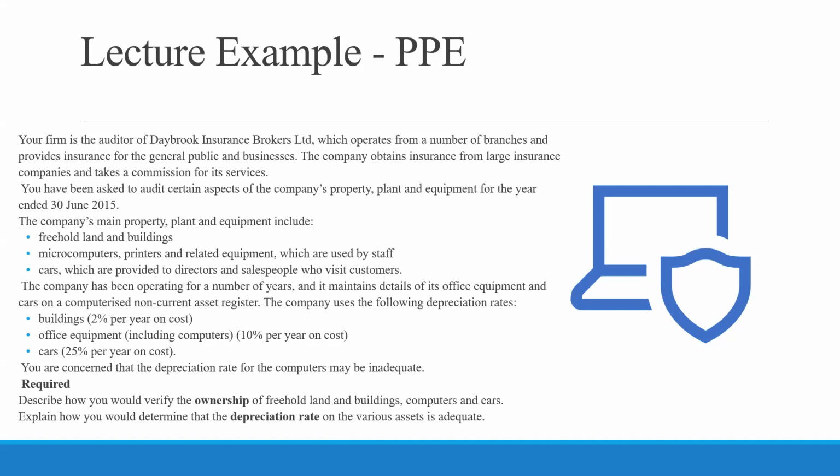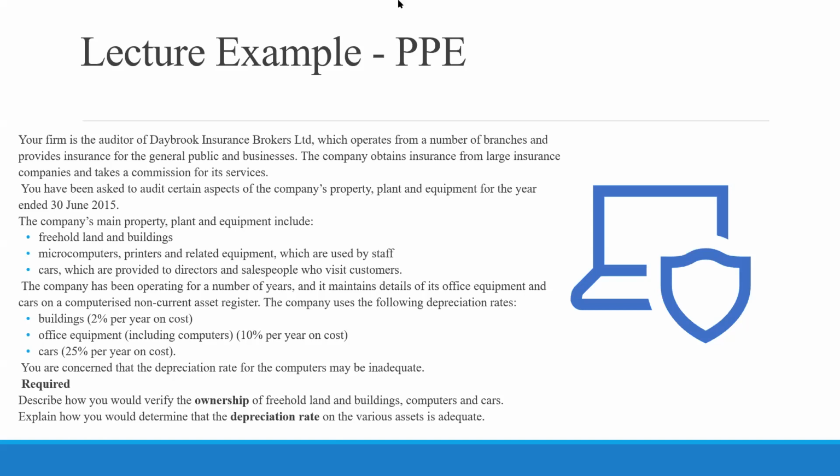But yearly we don't use the on-cost one, we use the diminishing one. So the useful life for cars is okay, but the depreciation approach is not so adequate. So actually here we have discussed the verification of the rights and obligations and also the valuation assertions, in particular for the depreciation considerations, right?